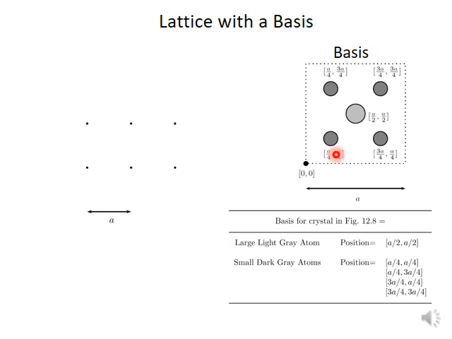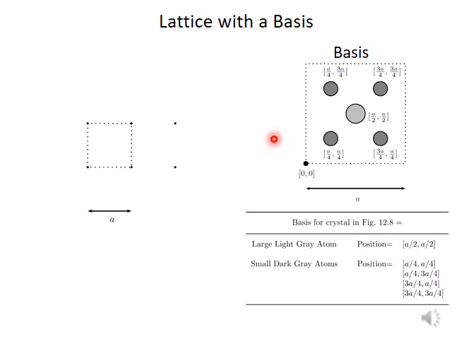For example, the large light gray circle is placed at position a half and a half. The four dark gray ones are located at quarter, quarter; three quarter and a quarter; a quarter and three quarter of a with respect to this reference lattice point.